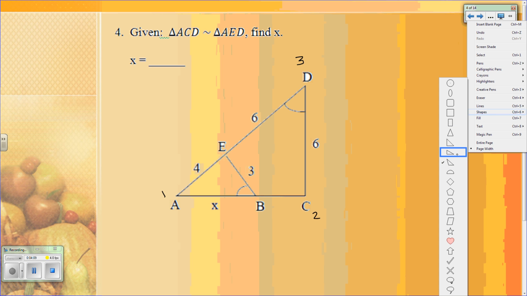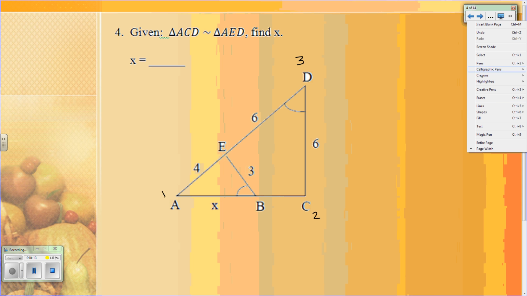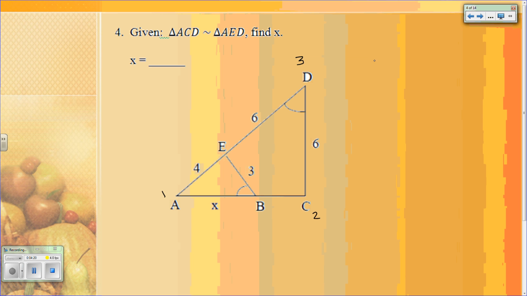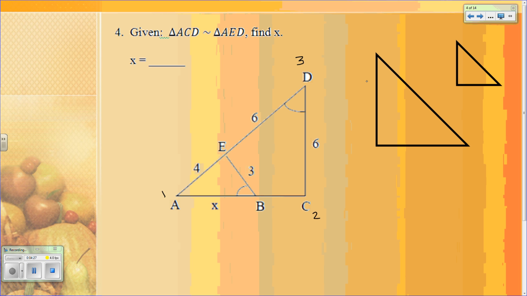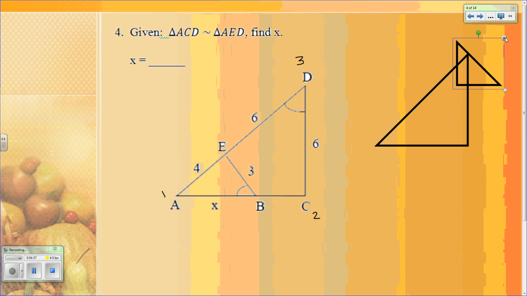Let's do that right triangle again. And notice it's flipped around. So I'm just going to draw 2 of them real quick, and then I'm going to flip them around. You can draw yours already flipped. Make it a lot easier.